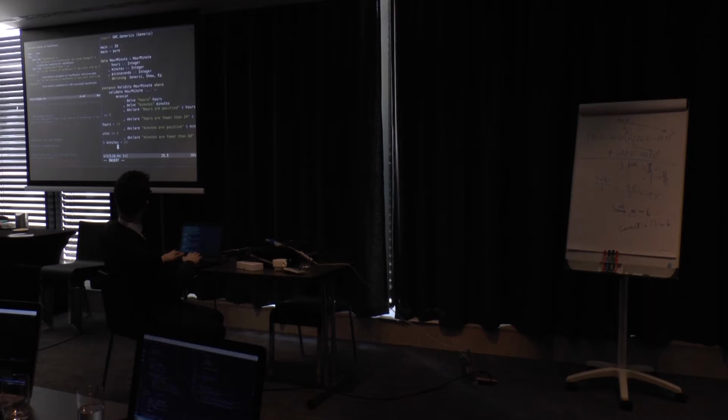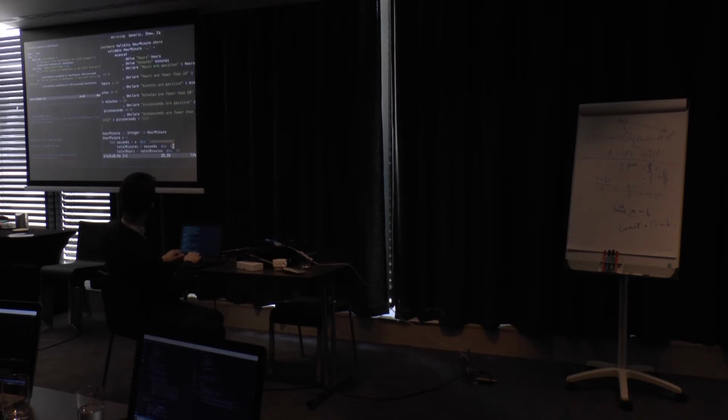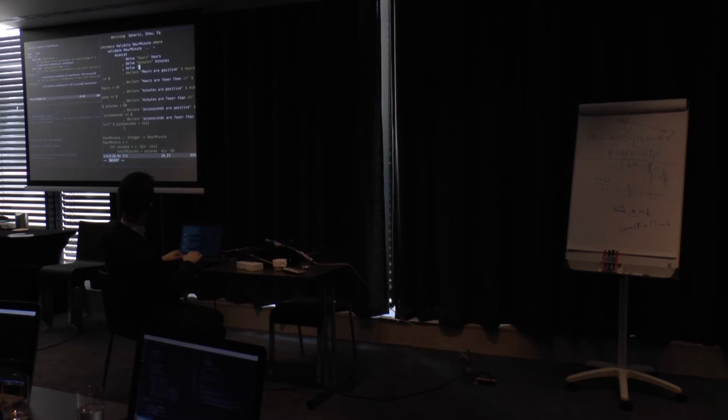Then we have to update the validity instance as well. Picoseconds greater than or equal to 0. What does delve mean? Do you need to delve picoseconds as well? Oh, yeah, delve picoseconds. What does delve mean in this context?